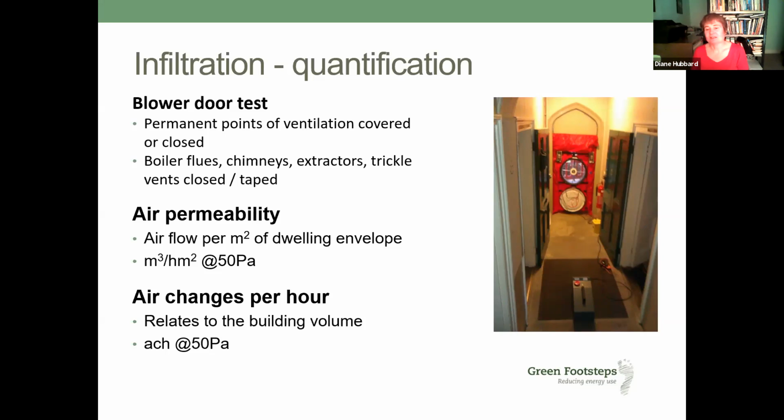The air change rate is actually easier to relate to as a building user, because what we're talking about there is the fan flow rate related to the volume of the building. It's more straightforward. It's meters cubed per hour divided by meters cubed of the volume.